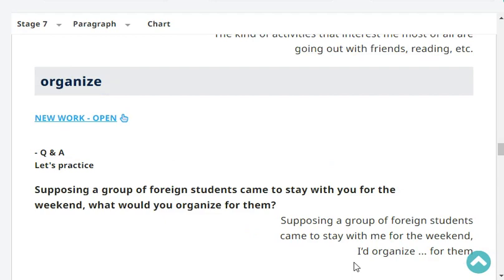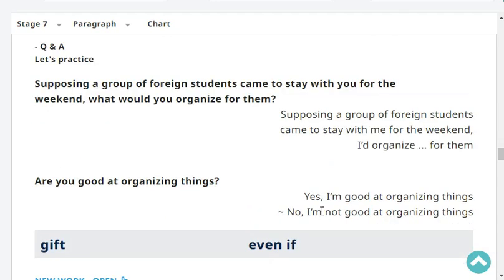Supposing a group of foreign students came to stay with you for the weekend, what would you organize for them?